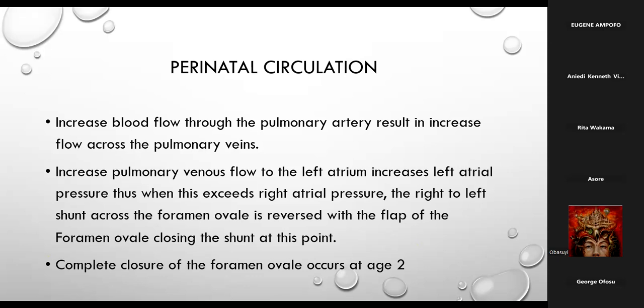It will cause the flaps in the foramen ovale to close, and then the septum primum and secundum oppose each other and functionally close the foramen ovale. That's at birth, or within a few hours, then complete closure of the foramen ovale occurs at 1 to 2 years.